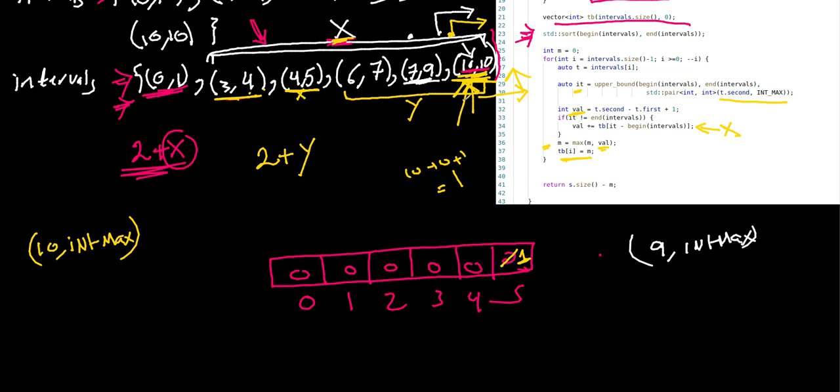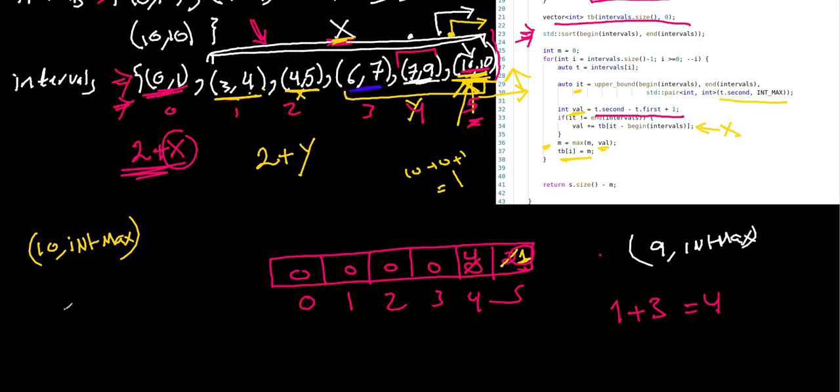So the index of 10, 10 is 5, here we have 0, 1, 2, 3, 4, 5, and the value at 5 is 1. So we have 1 plus the length of the current one, which is 9 minus 7 plus 1 equals 3, and this is 4. So we update the value to 4.